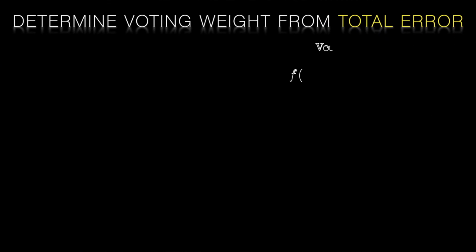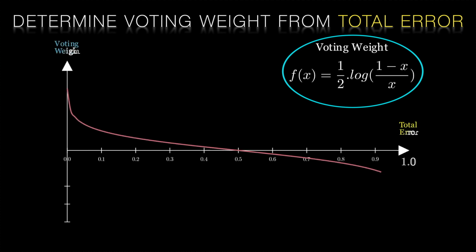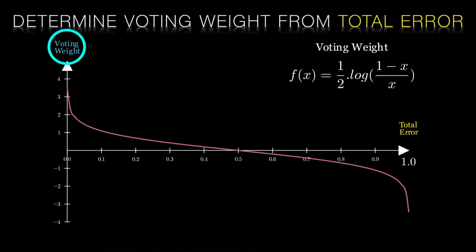We use the total error to determine the voting weight that this stump has with the formula on your screen. Here the total error is represented by the value on the x-axis and the voting weight on the y-axis. The red line shows how the voting weight varies with total error. As the stump does a better and better job of classifying and the total error approaches 0, this stump gets more voting weight.